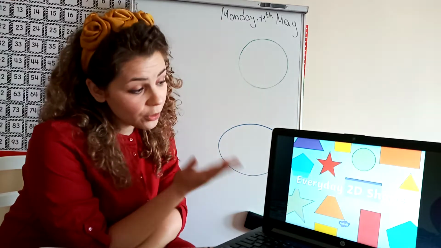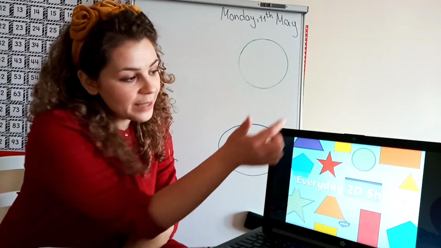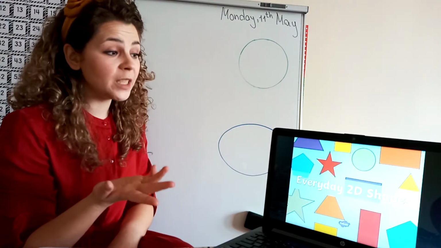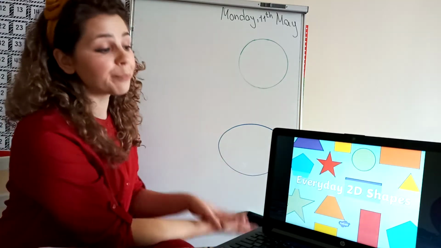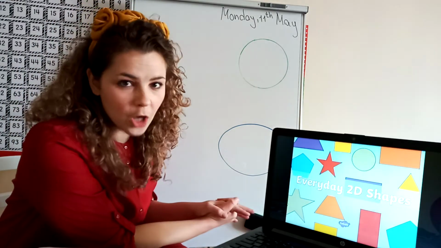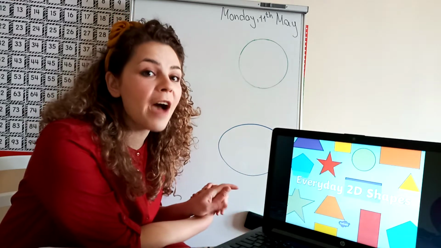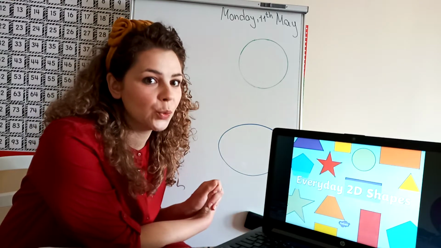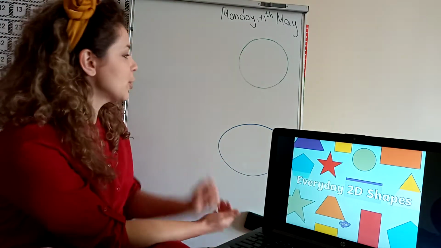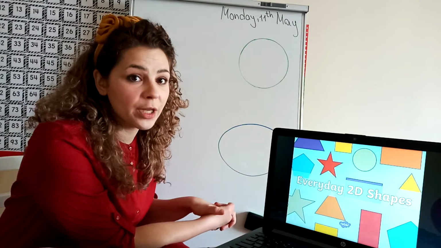If you can see here, I know that you can see many different shapes. These are all 2D shapes, as we call them, or flat shapes. You can see a star, a circle, and so on. For today, we're just going to focus on 5 basic 2D shapes. 2 of them I already have on the board, the oval and the circle, and 3 more I'm going to add.